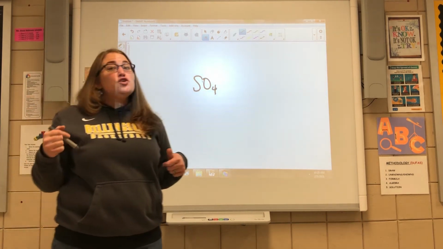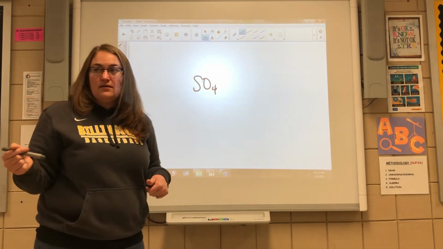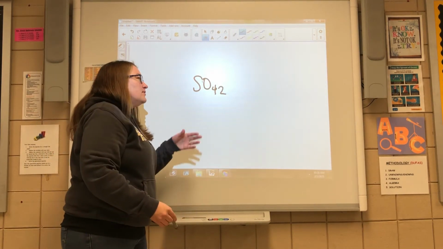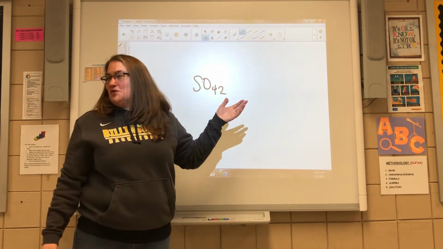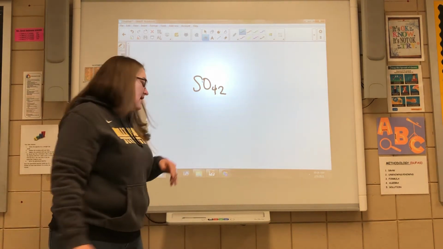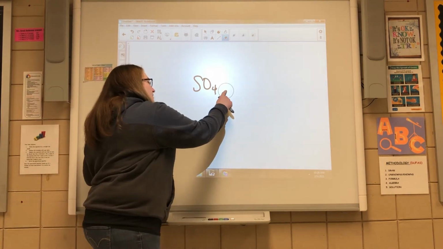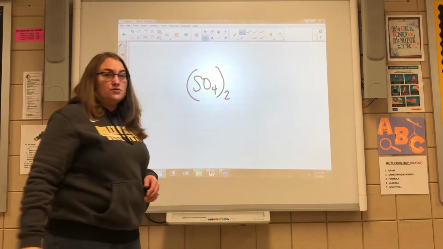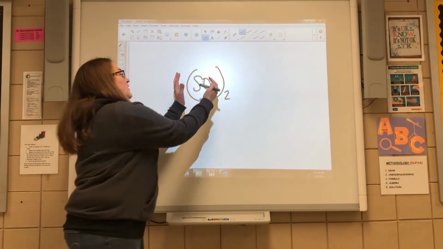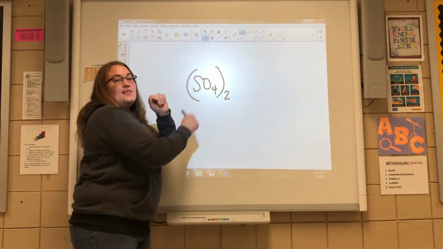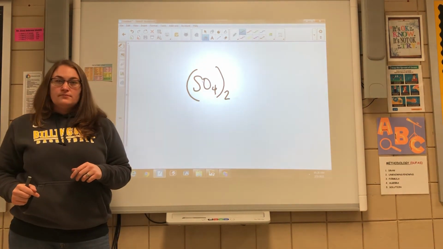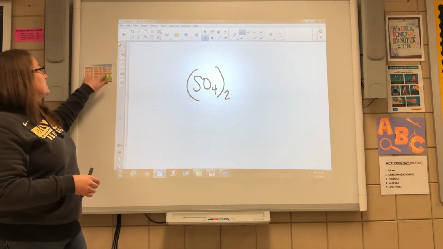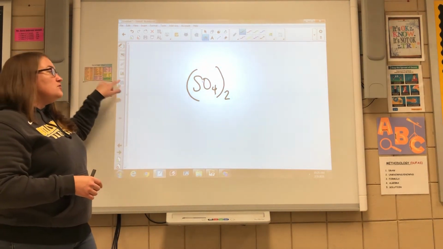Well, if I need 2 sulfates, I can't add a 2 here because that would give me 42 oxygen and 1 sulfur. So I can't do that. If I need 2 sulfates, I have to use parentheses and say that is 2 sulfates because sulfate itself includes that 1 sulfur and that 4 oxygen. Does that make sense?